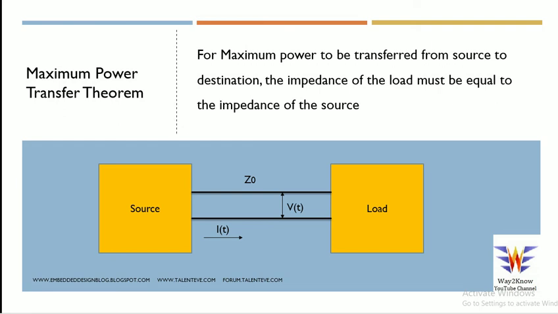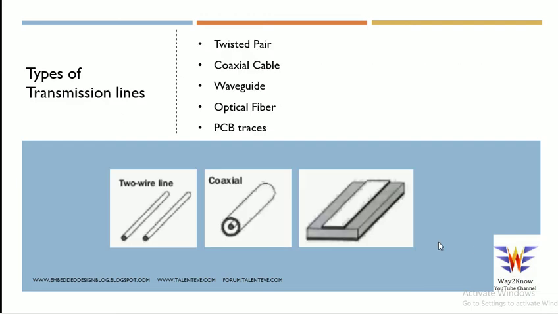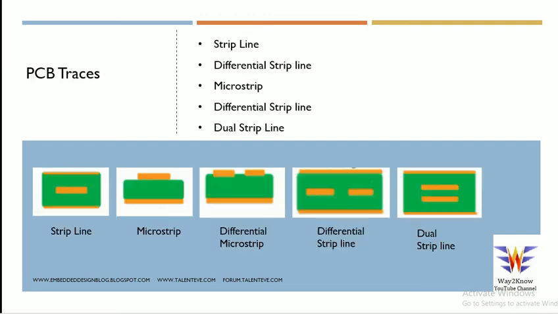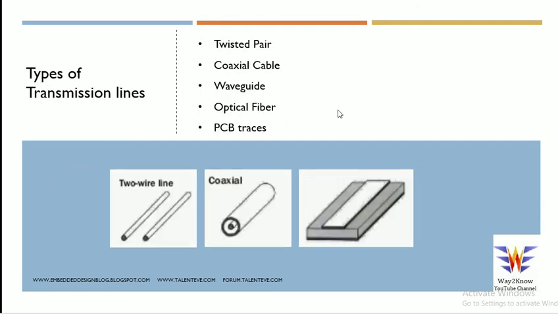While we talk about maximum power and characteristic impedance, let us talk about the types of transmission lines involved. As we said previously, the wires that are laid over, for example a coaxial cable which carries a cable signal, is an example of a transmission line.